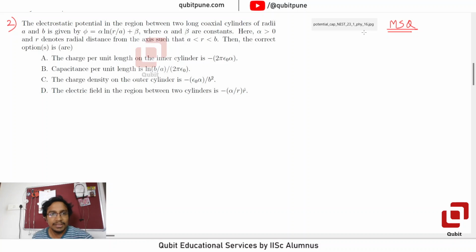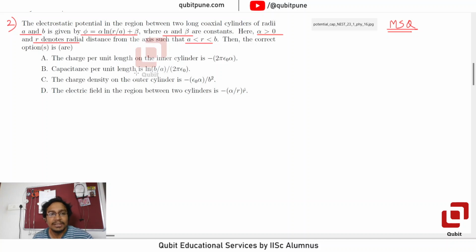The electrostatic potential in the region between two long coaxial cylinders of radii A and B is given by phi equal to alpha into ln r by A plus beta, where alpha and beta are constants. Here alpha is greater than 0 and r denotes the radial distance from the axis such that r is in between A and B. Then the correct options are: A, the charge per unit length on the inner cylinder is minus 2 pi epsilon naught alpha.